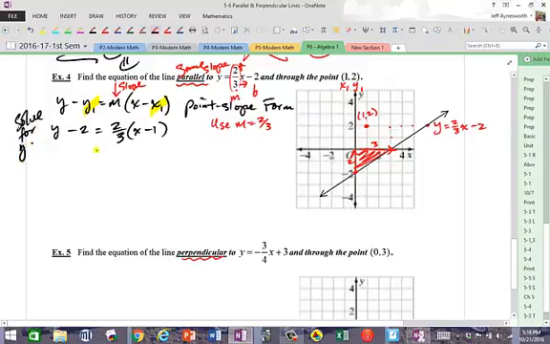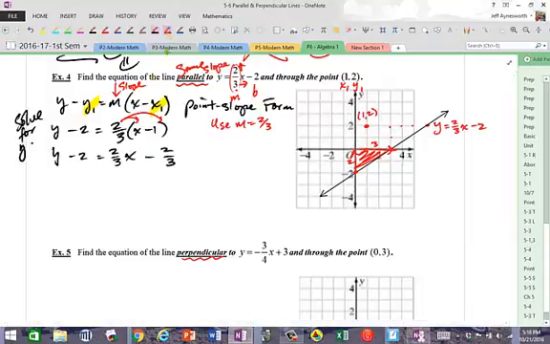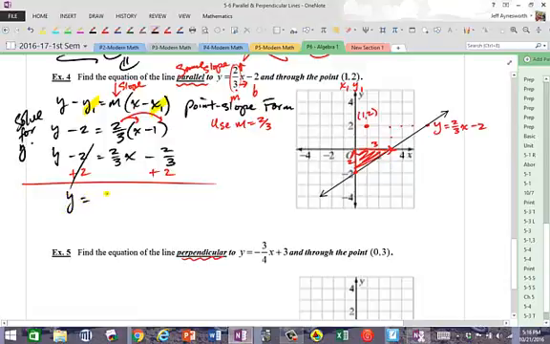All right, we got to distribute. Always distribute. 2/3 times x is 2/3 x. 2/3 times 1 is 2/3. We always add the opposite of what we see. So we have y is equal to 2/3 x. Negative 2/3 plus 2 is 2 minus 2/3.